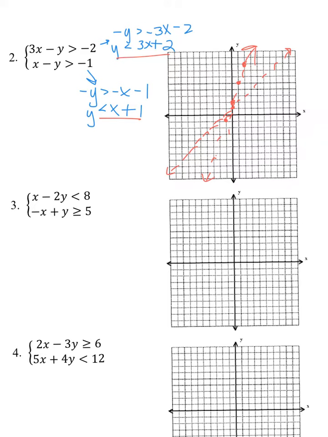And it's kind of nice if I go back to the original for this one, because I'm going to have 0 minus 0 is greater than negative 2. And yes, that's true. And then 0 minus 0 is greater than negative 1. Yes, that is true as well. So 0, 0 is a solution to both lines in the system.